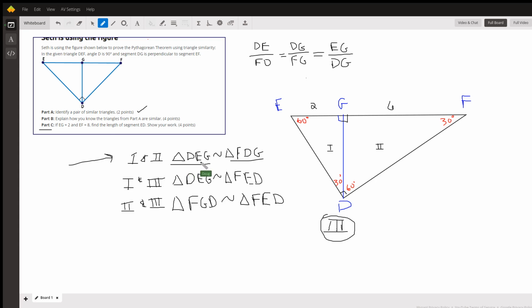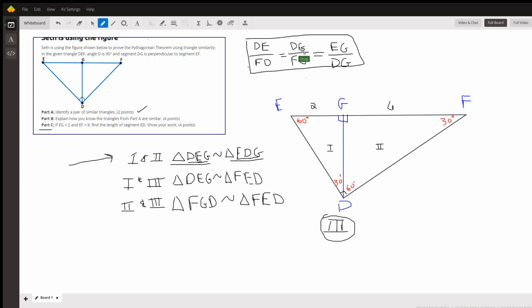So DE is a corresponding side to FD, DG corresponds to FG. And finally, EG, the second and third letter, corresponds to DG, okay?